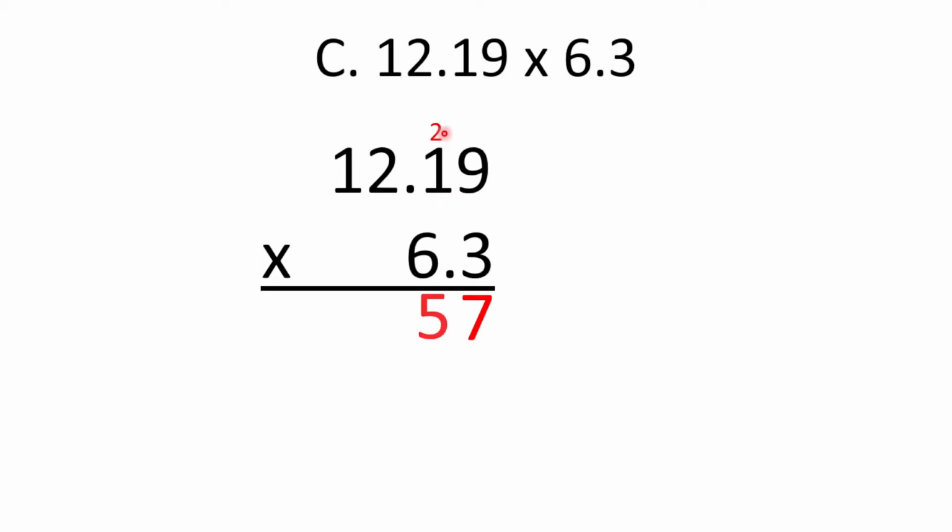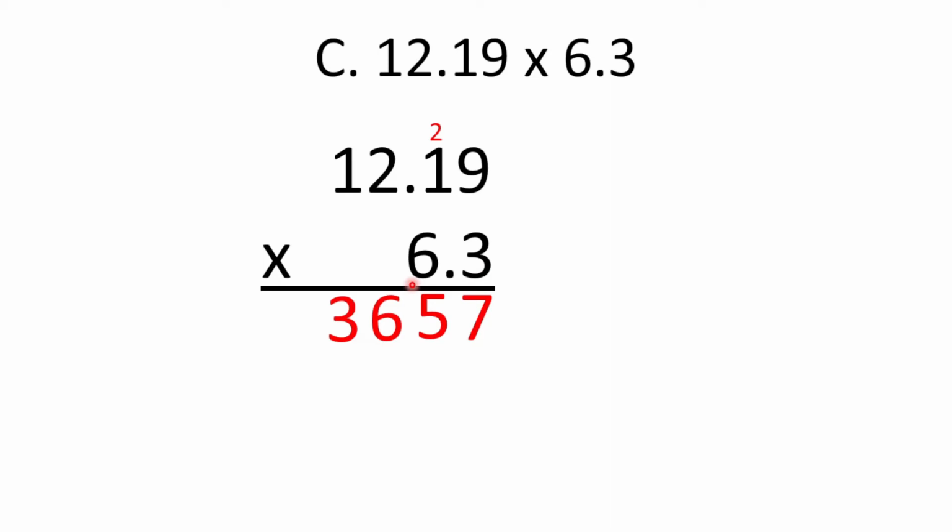Plus 2, we have an answer of 5. Then, 3 times 2, we have an answer of 6. Then 3 times 1, we have an answer of 3. Tapos na po tayo dun sa ones o yung sa first digit. Tapos na po tayo on 10th place value.